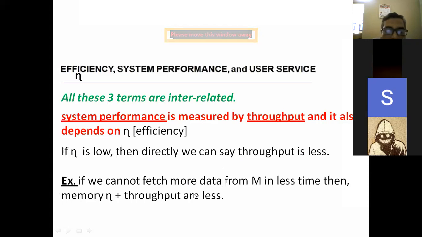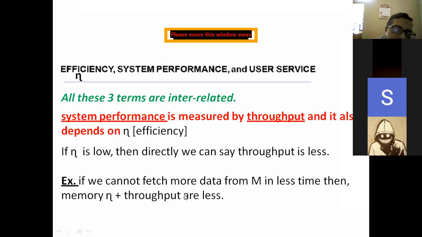Why? Because here we are achieving lesser frequency, as we are not able to fetch more data from the memory in lesser time. This means the memory efficiency, or the efficiency of fetching data from memory, is less. Hence, obviously, the throughput will also be less.